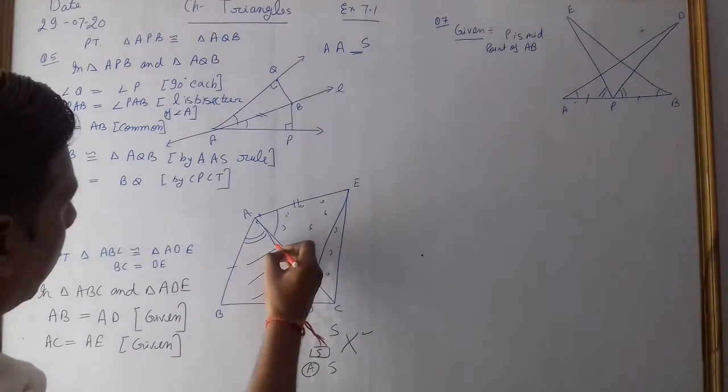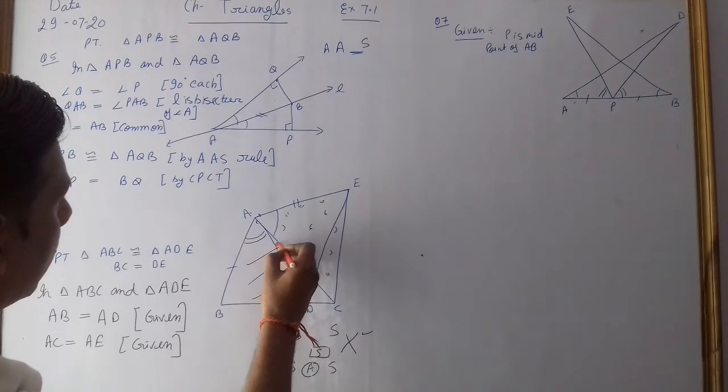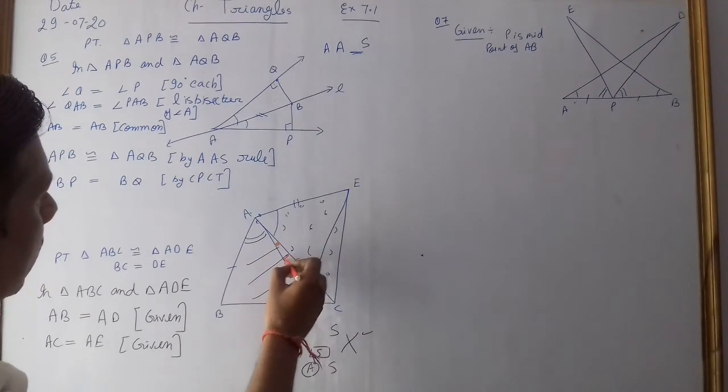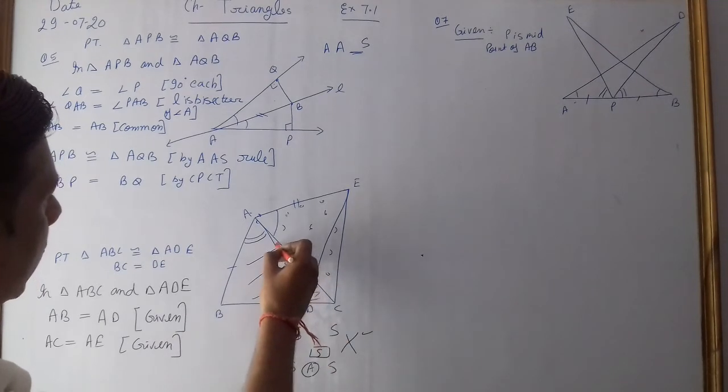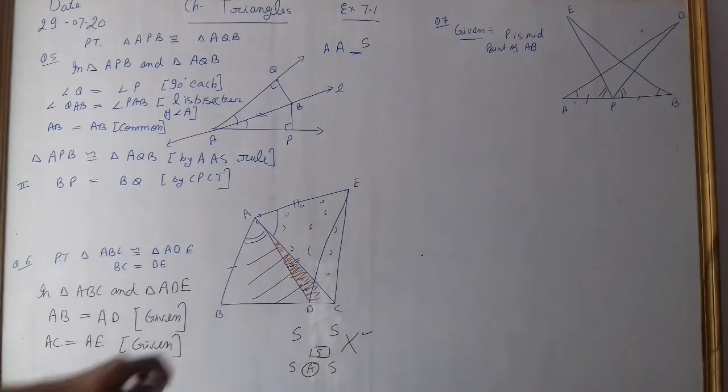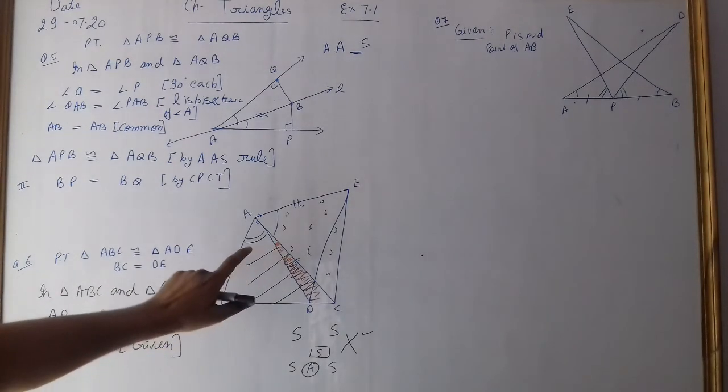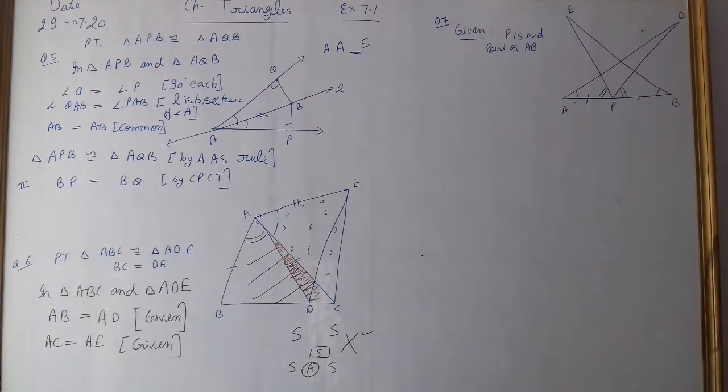This is the small part. This one. This angle is not coming neither here nor there. Is it clear, friend? So we have to add this small angle in this and this also, on both sides.